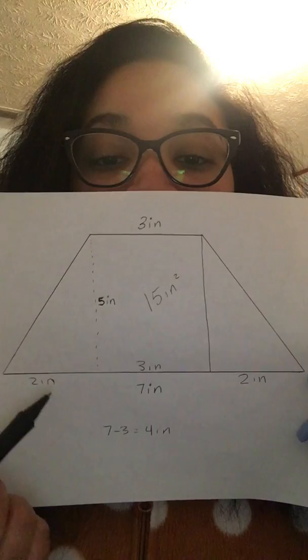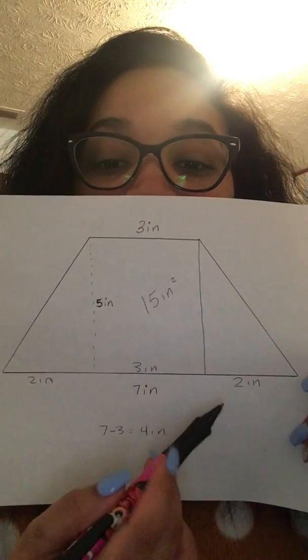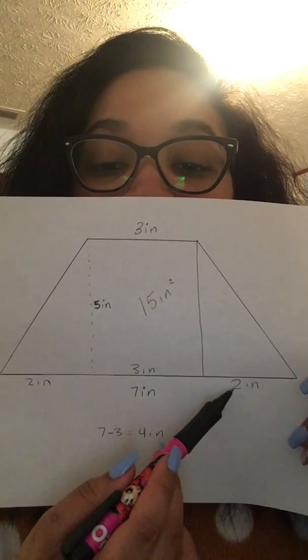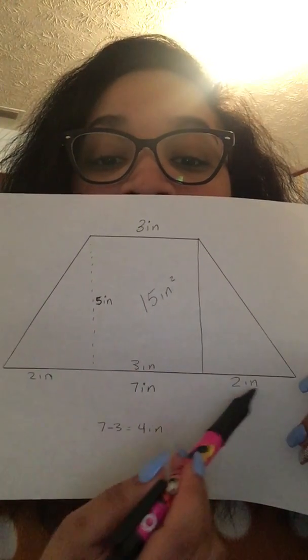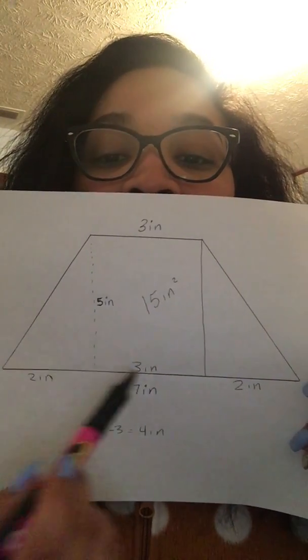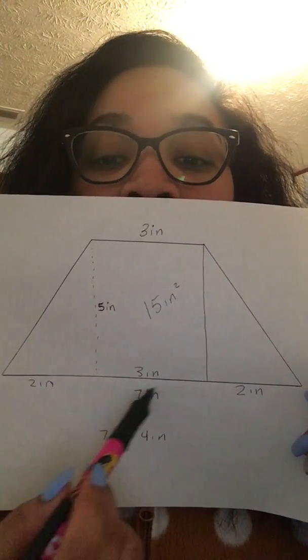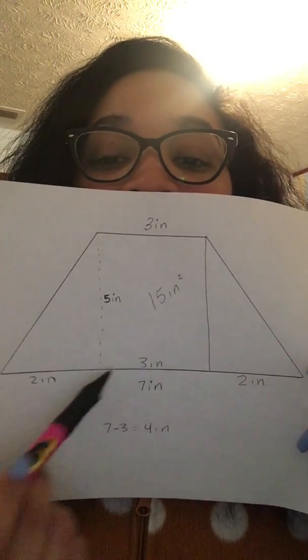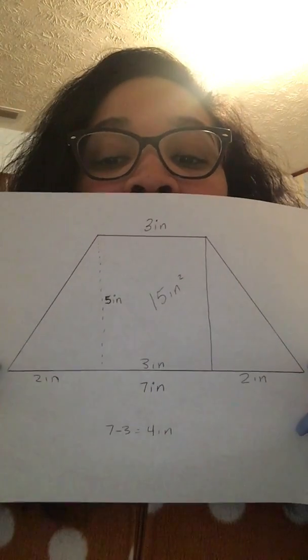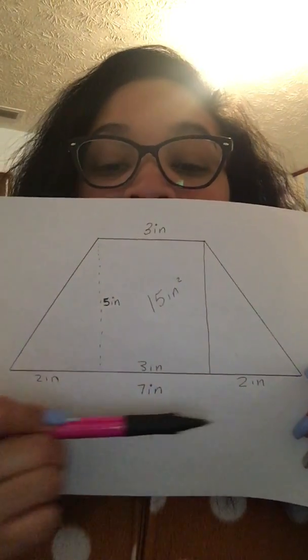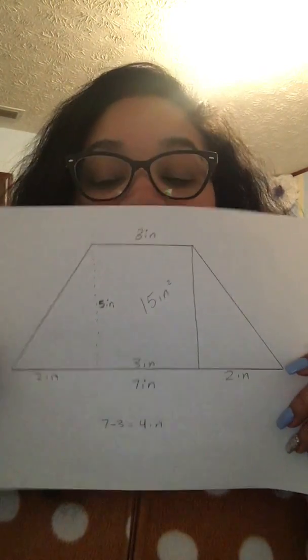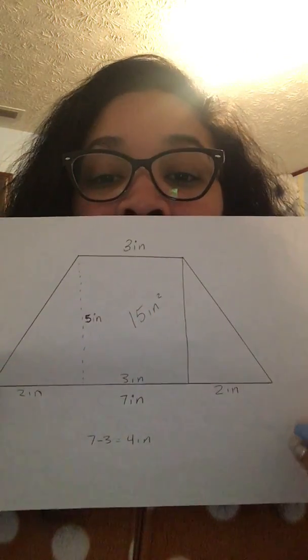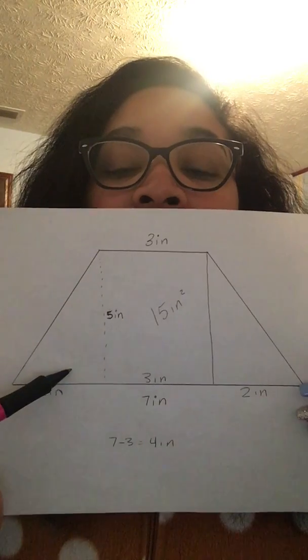And if I add the bases of these 3 shapes, they should add up to 7. 2 plus 3 gives me 5, and then another 2. 5 plus 2 gives me 7. So this entire base here is 7. We got it? Now that we have our dimensions, we can go ahead and find the area of our triangles.